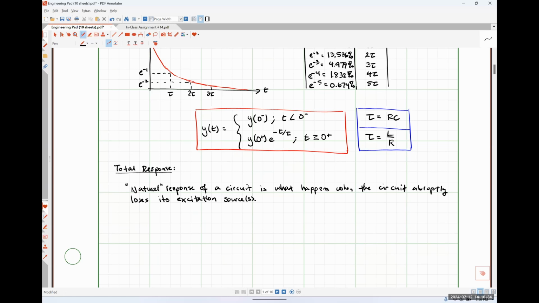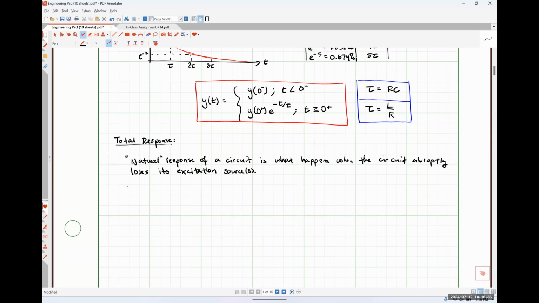The total response, actually, before we get to the total response, now let's talk about the forced response.